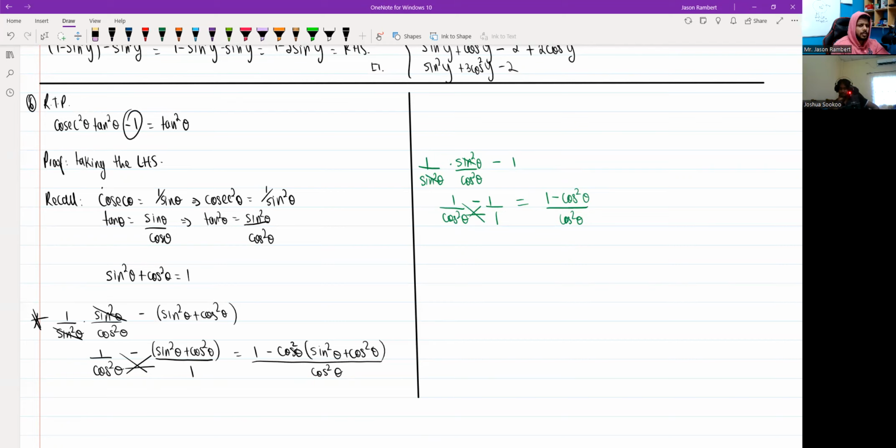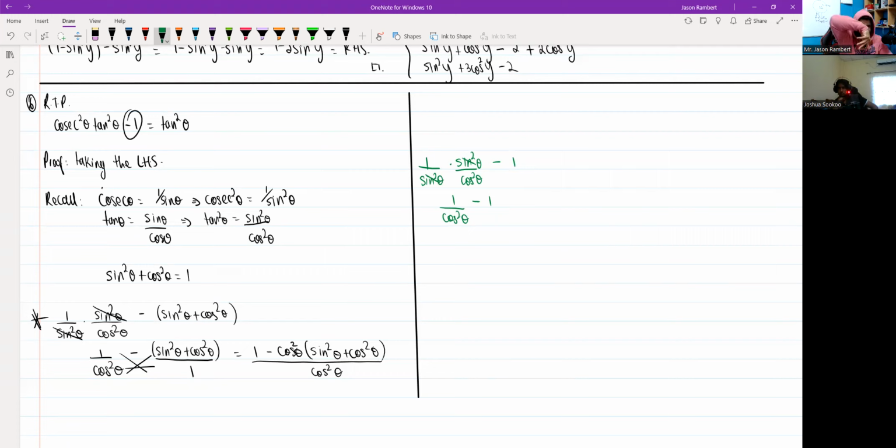Or I want to introduce a little concept here. This is minus 1. As we stated before, 1 takes an infinite number of forms. With practice, you all will realize which form 1 should be in for a particular identity. In this case, I'm going to put 1 as cosine squared theta over cosine squared theta.